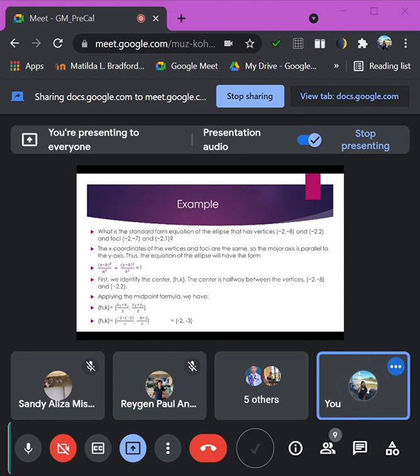Okay? So, since nakabaw naman ta kung unsay porma sa iyahang graph, we're going to identify already sa iyahang center. So, unsa na to pagkuha sa iyang center class? So, we have there negative 2, negative 8, and negative 2, 2. So, atong gamiton ang atoang midpoint formula. Okay, so ang atong gamiton is kanang naa sa vertex. So, teacher, nganong vertex atong gamiton?